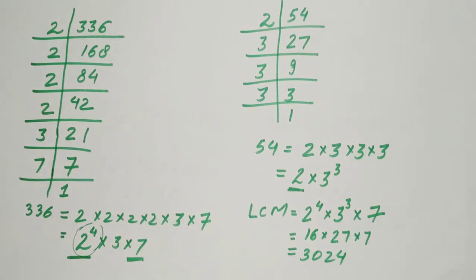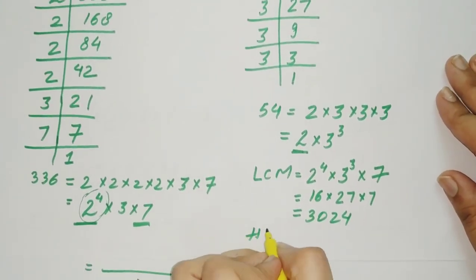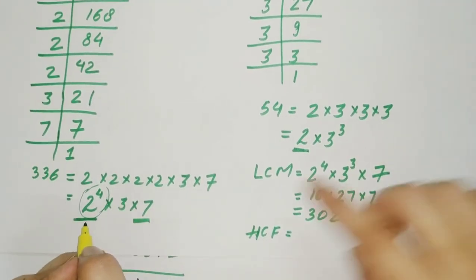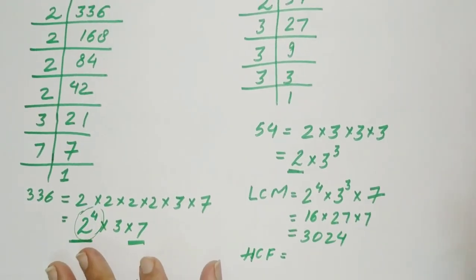Now let's find out the HCF. In HCF, we'll find out the common prime factor and then select the one with the lowest power. So HCF is equal to, we have 2 raised to the power 4 and 2. So we'll select the one with the lowest power.